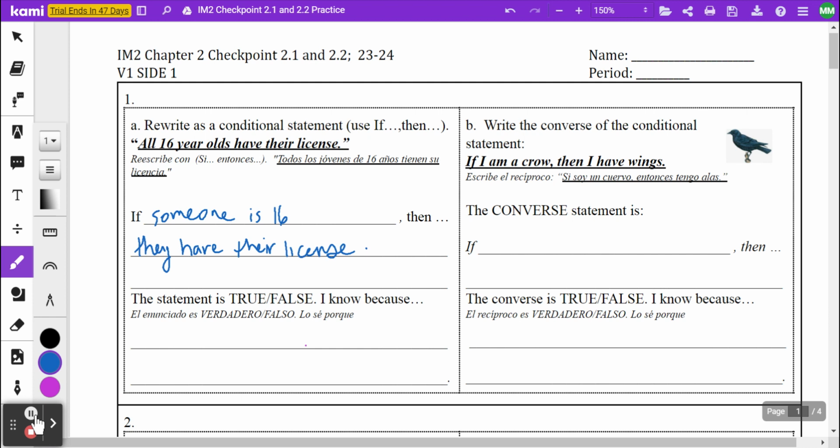Now I know that this statement is false, and I know that because there are students in this class who are 16 and do not have their license. Getting a license requires also what? Just passing that test? Okay.